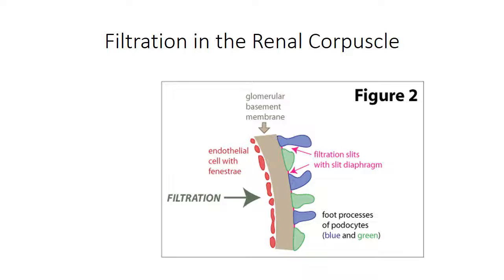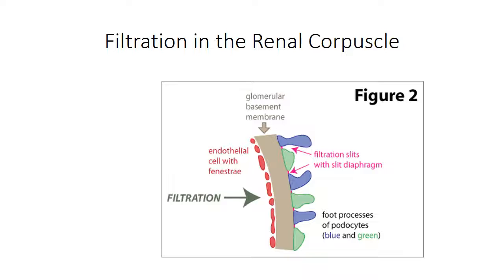Then this slide, please ignore this figure too. It shows you some details of the renal filtration. See, the blood capillaries in the renal corpuscle are very peculiar. They have what are called filtration slits. Right? So the blood in the capillary communicates with the capsule of the renal corpuscle.